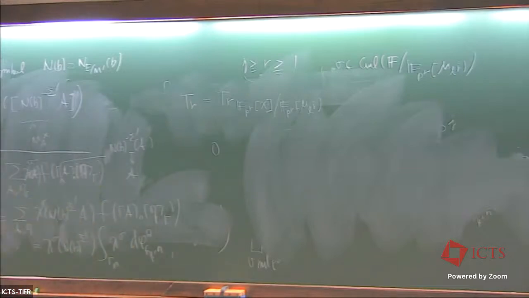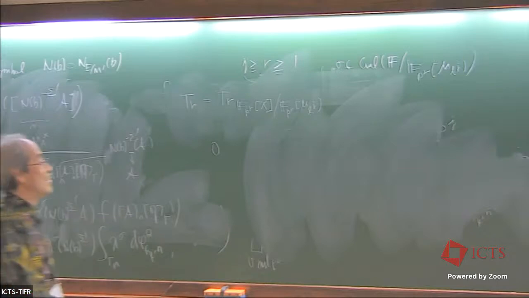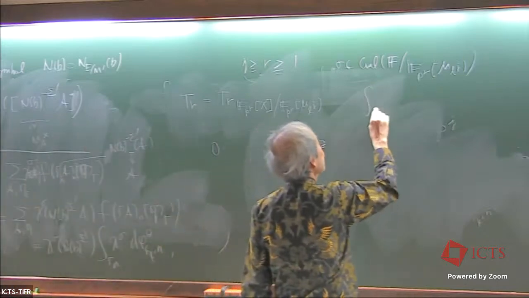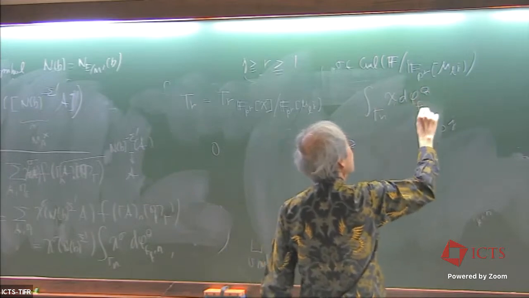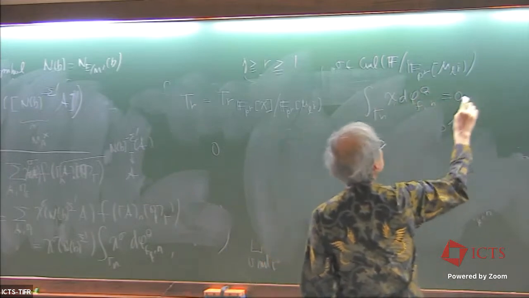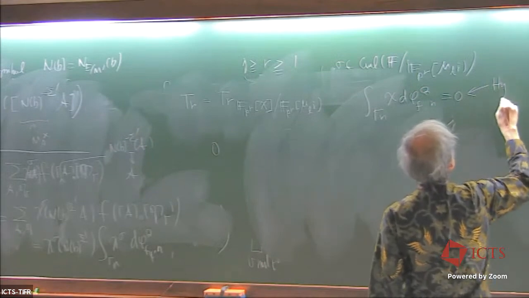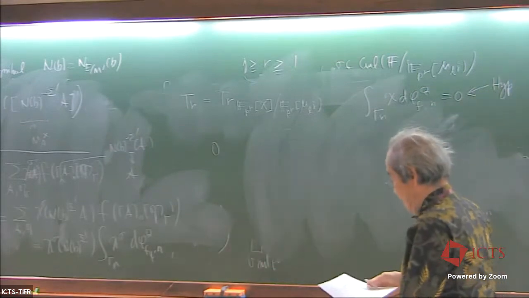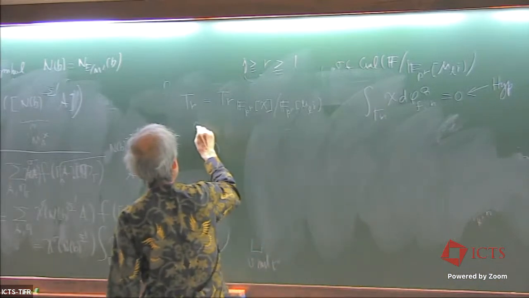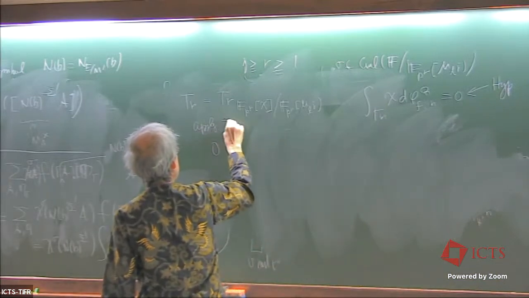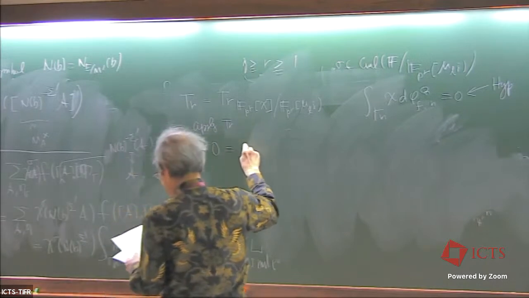All right. So suppose vanishing of this. The integration gamma n chi d phi f q and so on vanishes. This is a hypothesis. Then I sum up, apply trace. Then it's still 0.